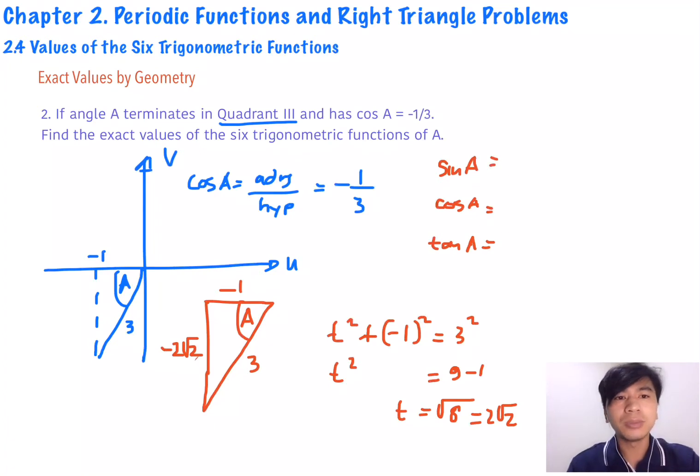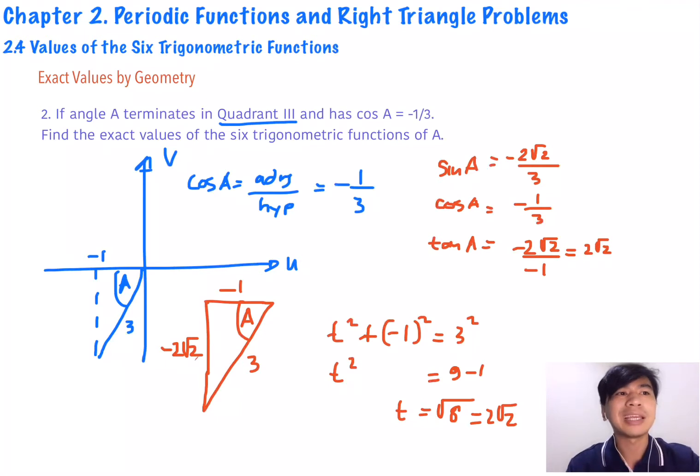Sine A will be -2 square root of 2 over 3. Cos A will be -1 over 3. Tangent A will be -2 square root of 2 over -1. So that's also equal to 2 square root of 2.